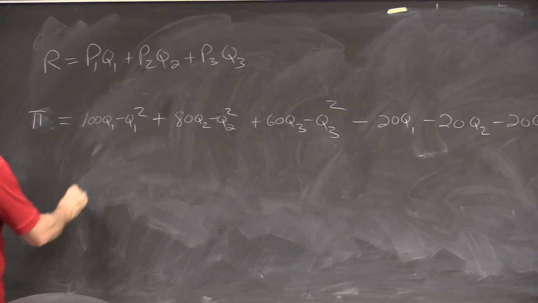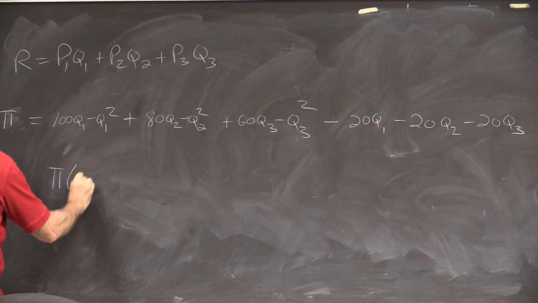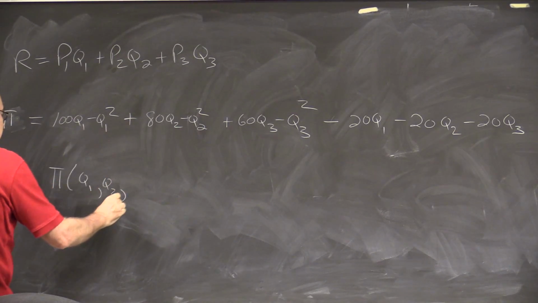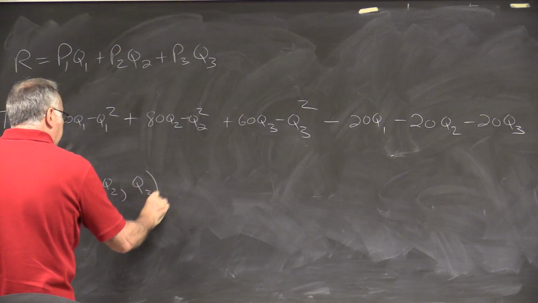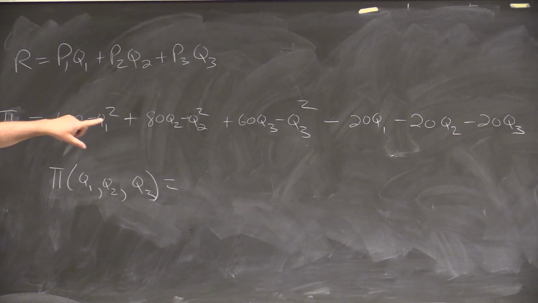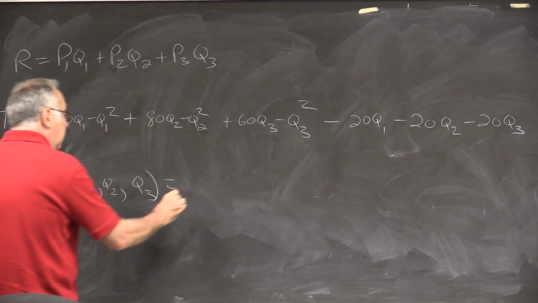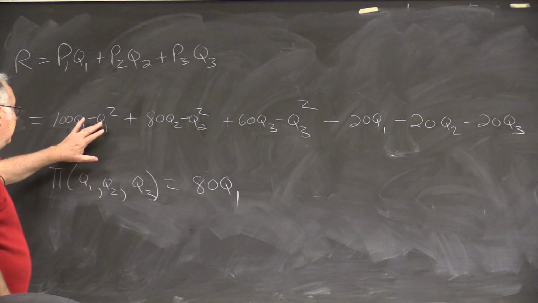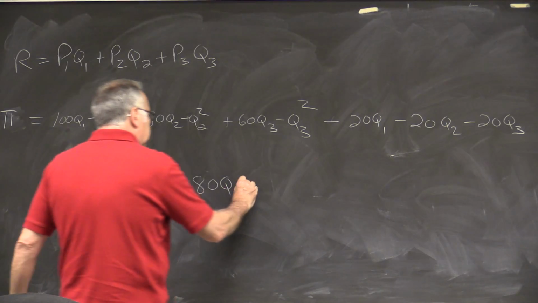So profit, let me emphasize, expressed as a function of Q1, Q2, and Q3, is simply: we've got 100 Q1 minus 20 Q1, that's going to be 80 Q1, minus Q1 squared.